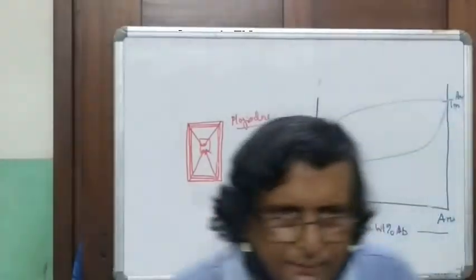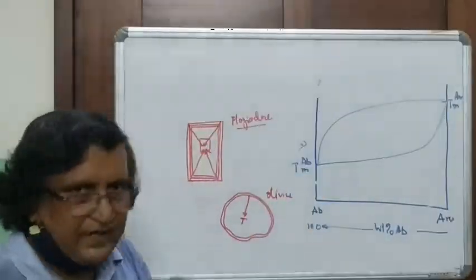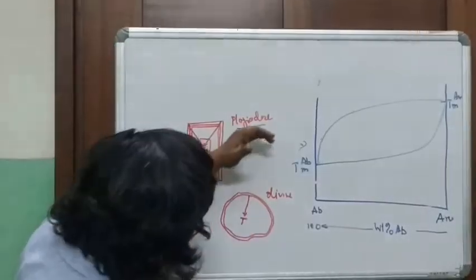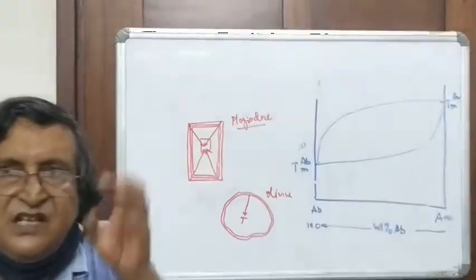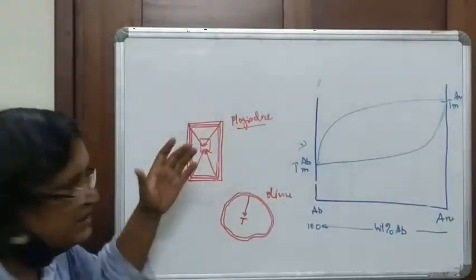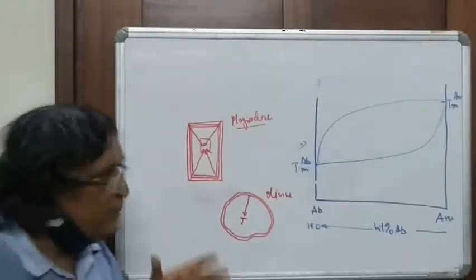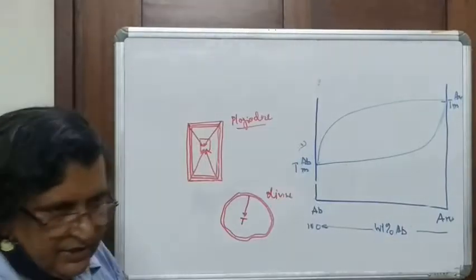So the cores represent high temperatures and the margins represent lower temperatures. It is true both for plagioclase as well as for olivine. But there are distinct differences when we go into the zoning patterns of plagioclase and olivine. And now I will try to explain why this zoning pattern emerges for the plagioclase.